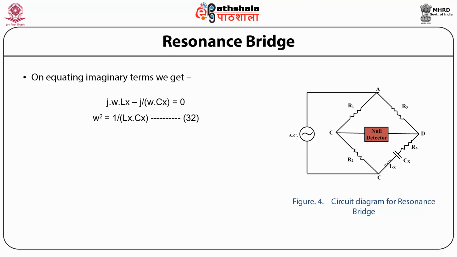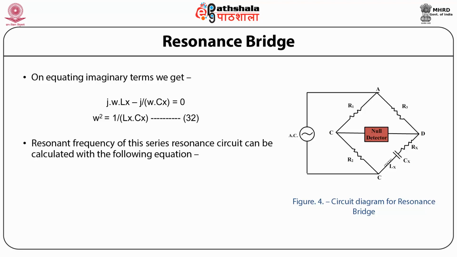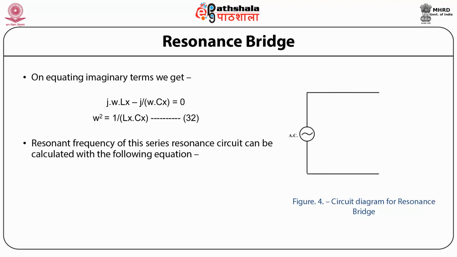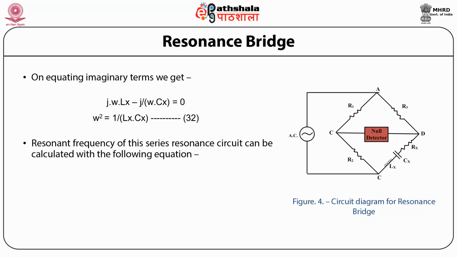This is equation 32. The resonant frequency of this series resonance circuit can be calculated with the following equation. f = 1/(2π√(Lx·Cx)).